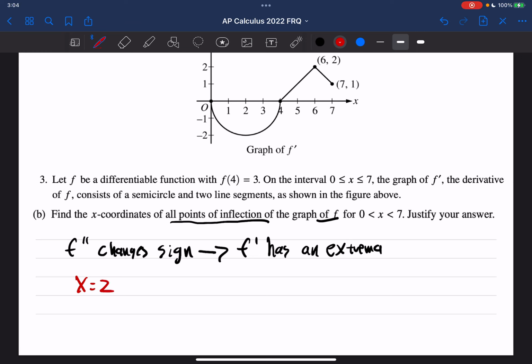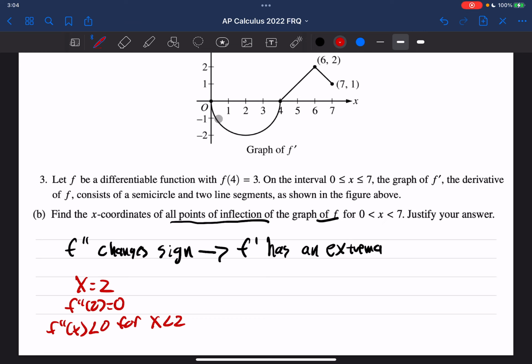At x equals 2, how do we justify this? Well, we say this because f prime of 2 is negative 2, but f double prime of 2 is 0. And we can also say f prime of x is less than 0 when x is less than 2.